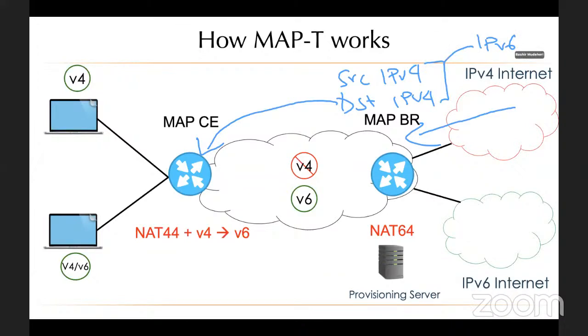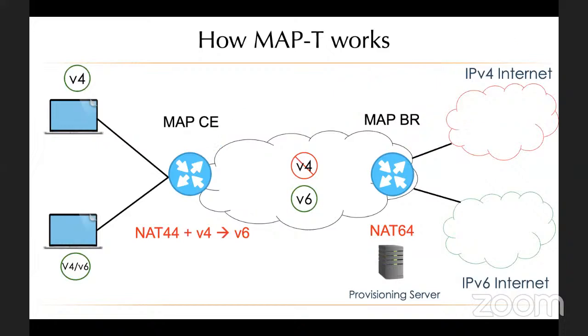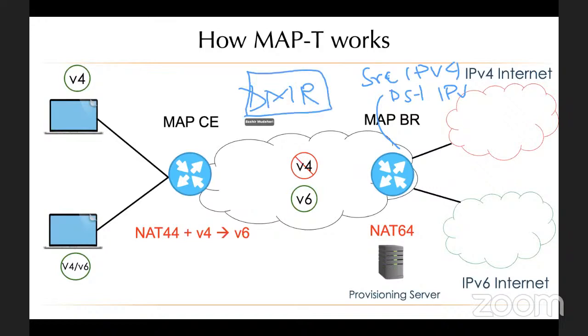So to do this, it does it statelessly, right? So we said you have source IPv4 and the destination IPv4. So remember we had the DMR, right? The default mapping rule, which is just like a common prefix used for translation internally.